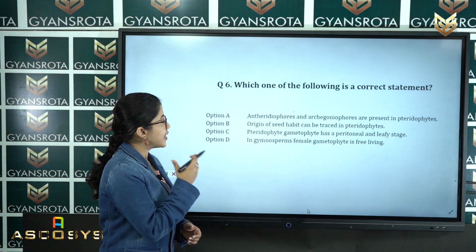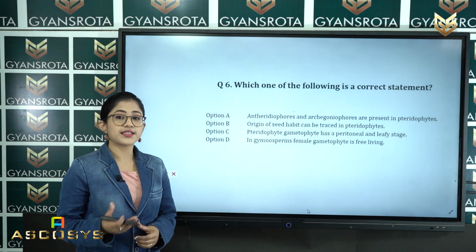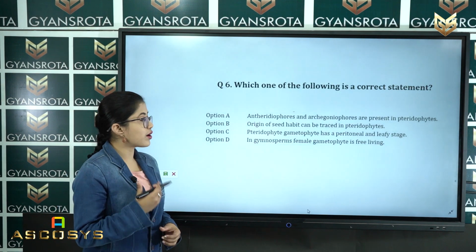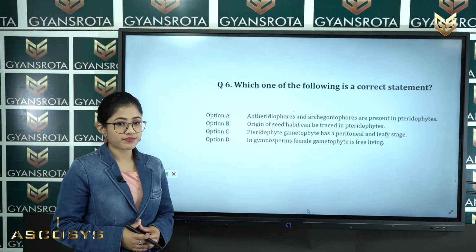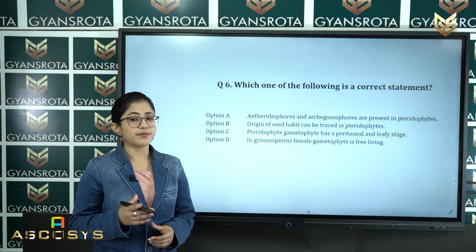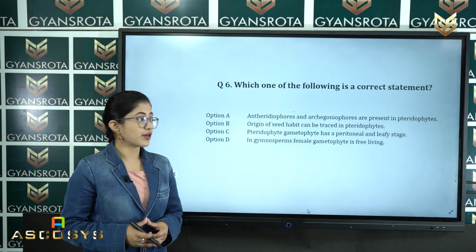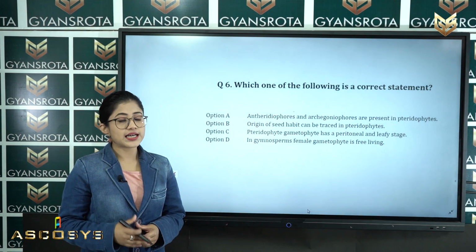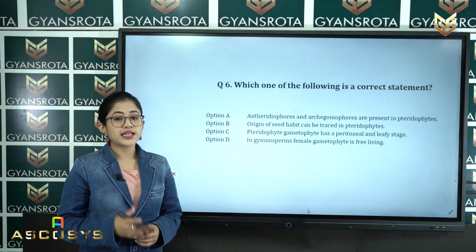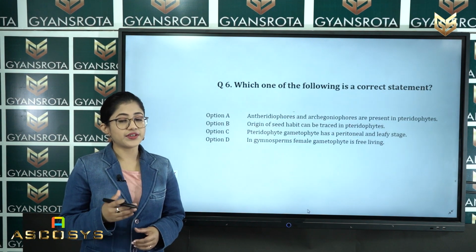In option A, it is written, antheridiopores and archegoniospores are present in pteridophytes. That is the incorrect statement because they are found in bryophytes. Next, in option B, origin of seed habit can be traced in pteridophytes. That is the correct statement. Next, in option C, pteridophyte gametophyte has a protonemal and leafy stage.